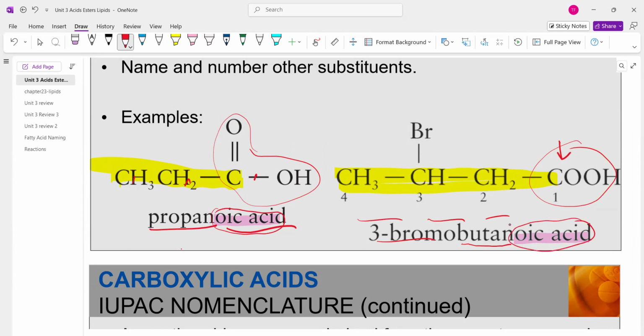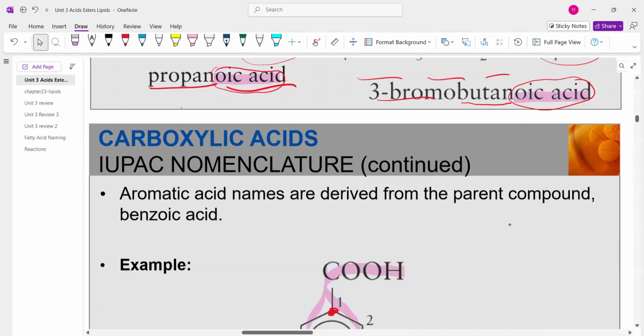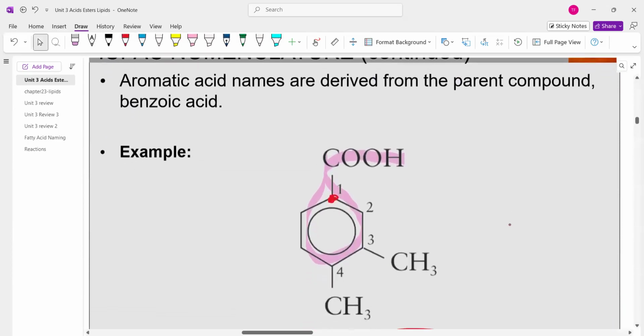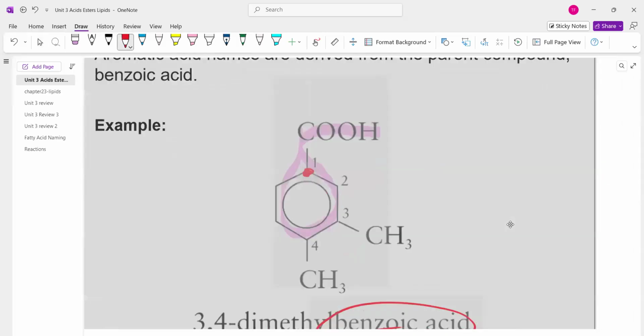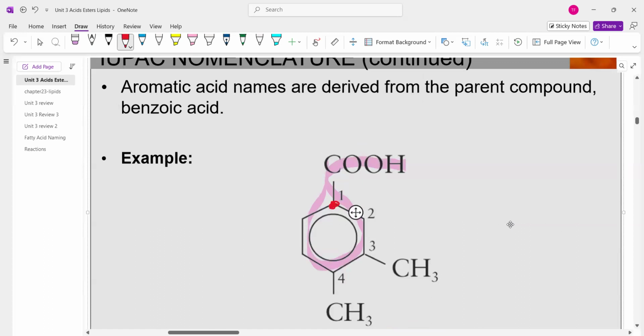And lastly, we look at branches that are not on the carbon backbone. Remember, the carbon backbone has to include the functional group. In this case, it's COOH. And then we have a benzene-based carboxylic acid, which is called benzoic acid. The acid group is going to determine carbon number one.